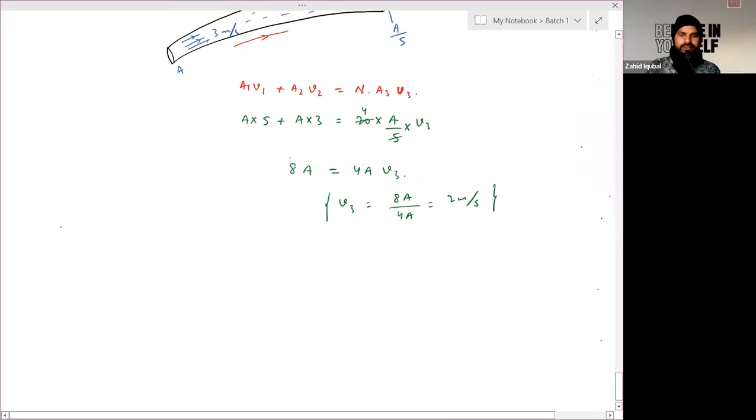Now there will be a question related to this concept. You often have observed, suppose there is a tap which may be at some height.